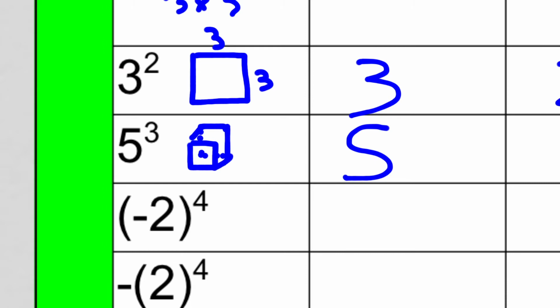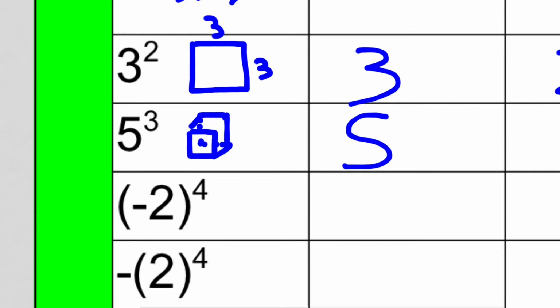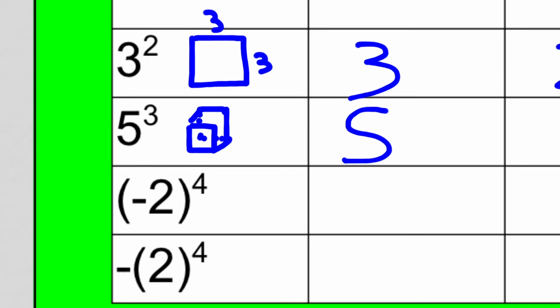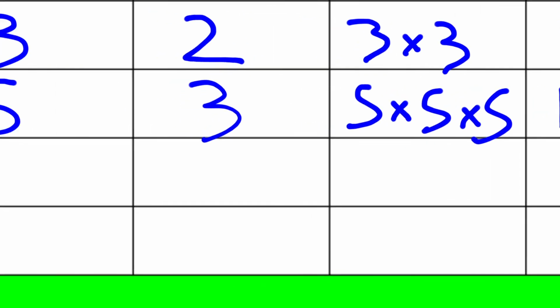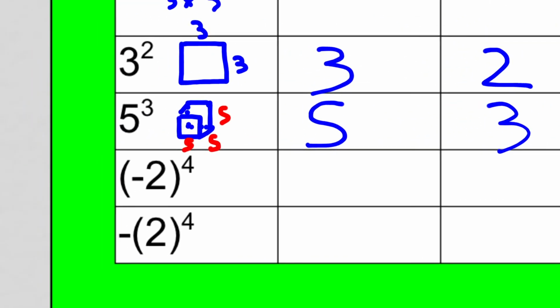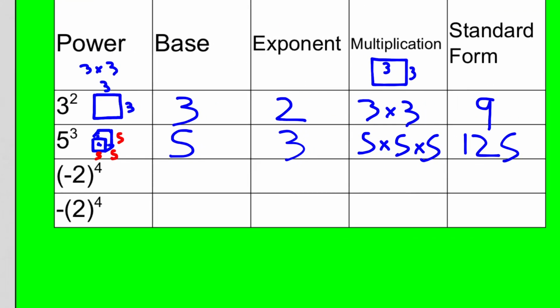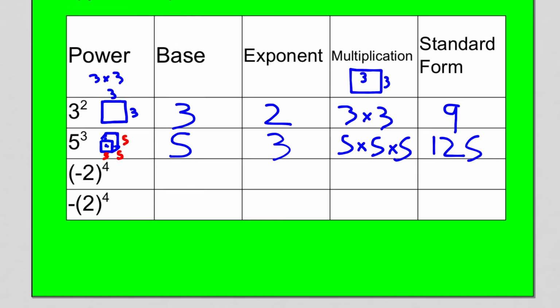So there's a makeshift cube. And if I was to draw that cube, it might have a length of 5, a width of 5, and a height of 5. So we could say that cube is 5 by 5 by 5. That's why we say that this is 5 cubed, or 5 to the power of 3. Okay.